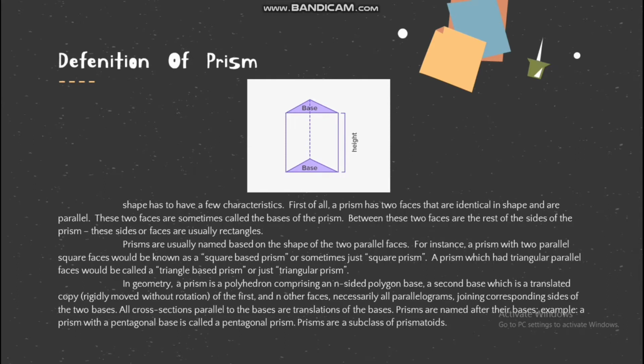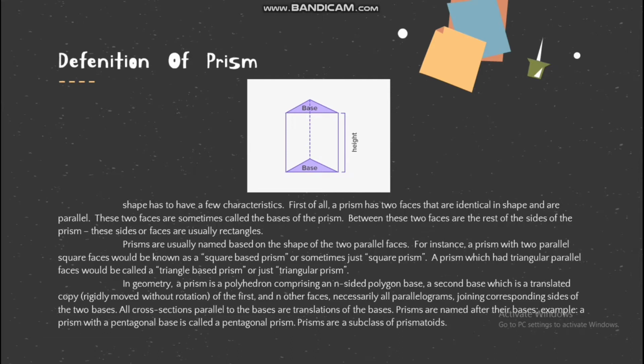All cross-sections parallel to the base are named after their base. For example, a prism with a pentagonal base is called a pentagonal prism. Prisms are a subclass of prismatoid.